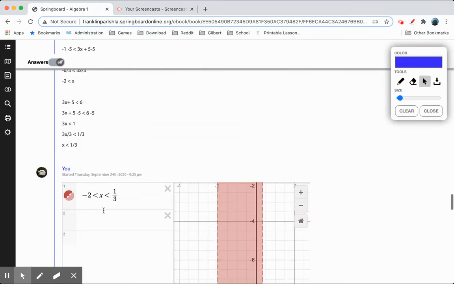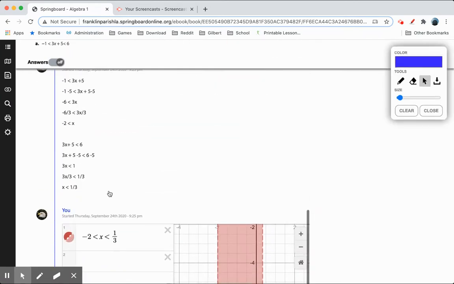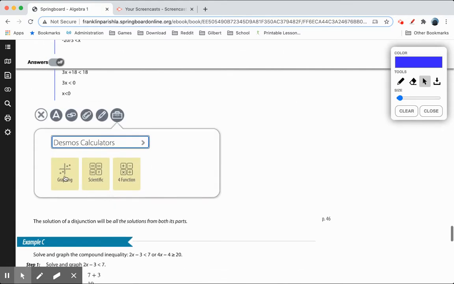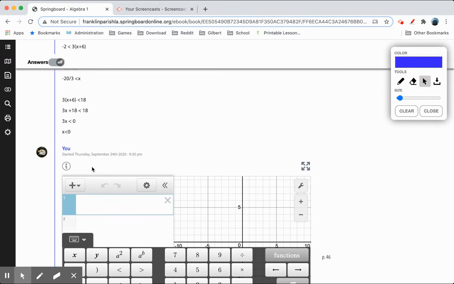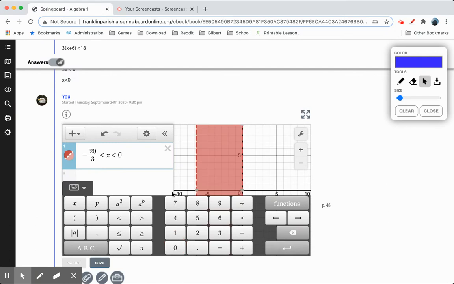Did I ever fix this one up here? Yeah. Calculator, put it together. Let's see, negative 20 thirds less than x, which is less than 0. And there we go.